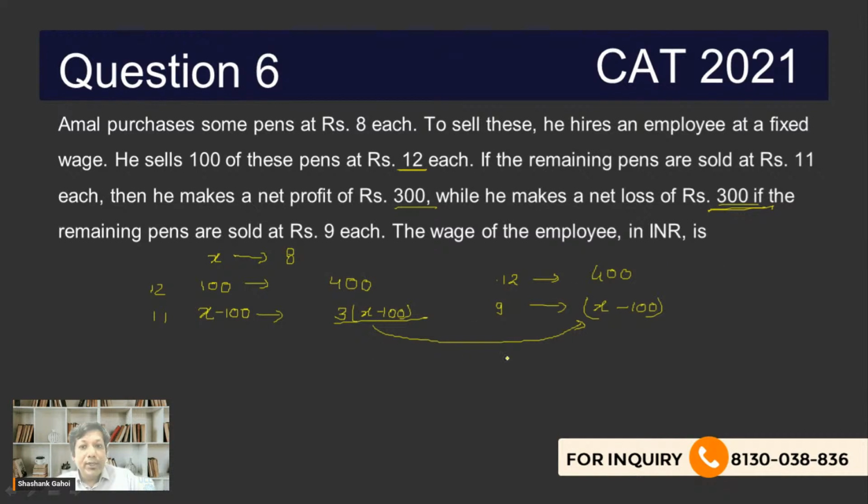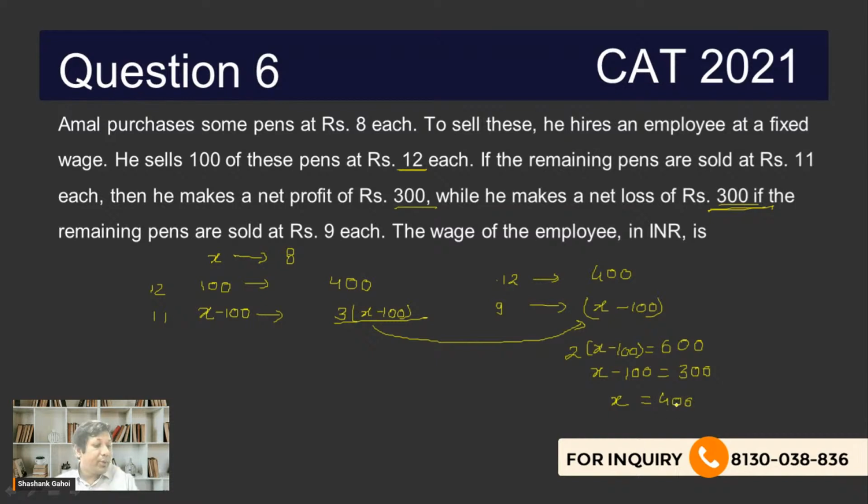So what is the total dip in sale value? That is 600. And what does 600 mean? That is 2 times (x minus 100), right? So from here I can directly say that x minus 100 is equal to 300. So x comes out to be 400.